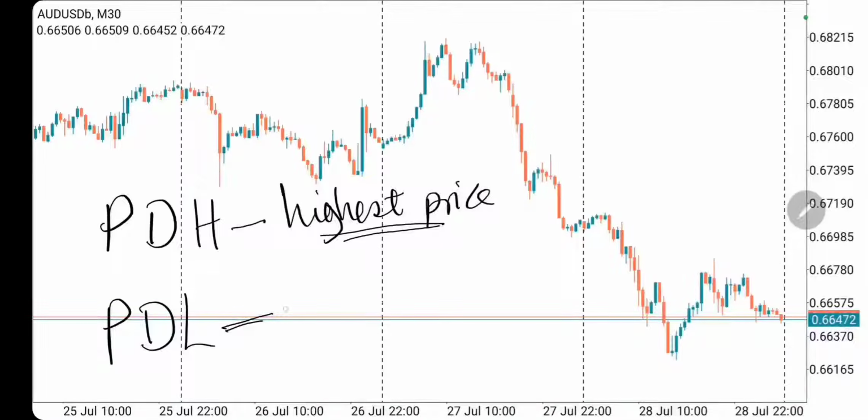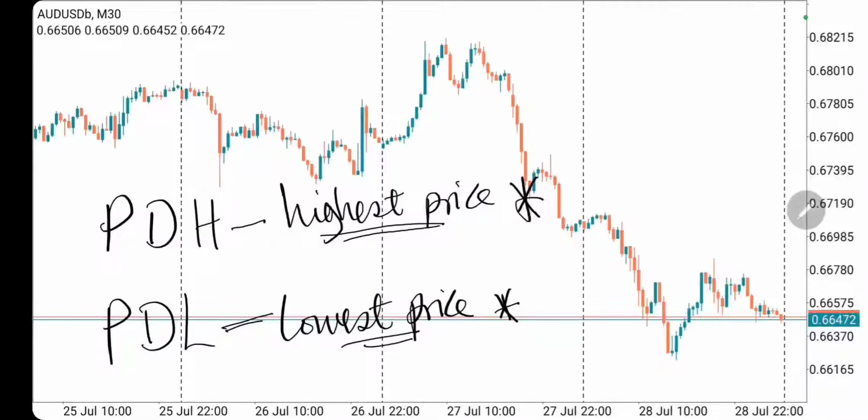And the previous day's low is the lowest price that the market actually sold within the previous day. All right, so the previous day's high is the highest price the market sold the previous day, while the previous day's low is the lowest price that the market sold within the previous day that you are looking at.